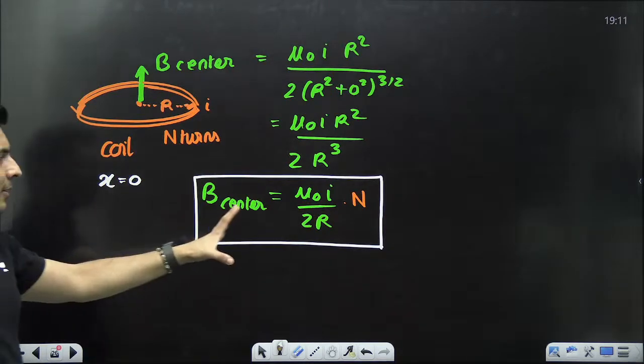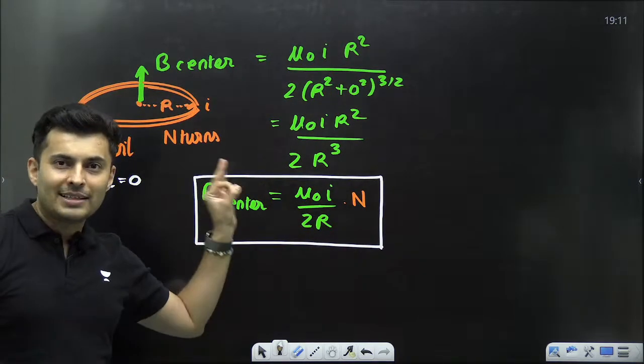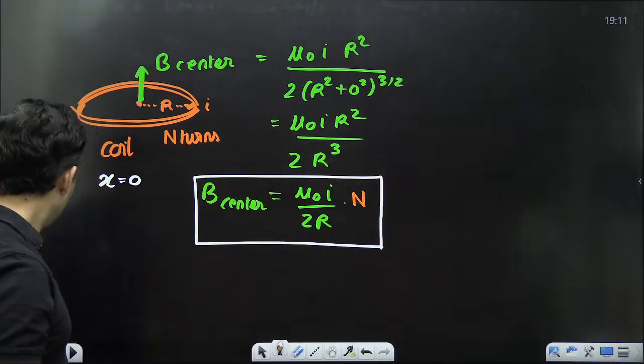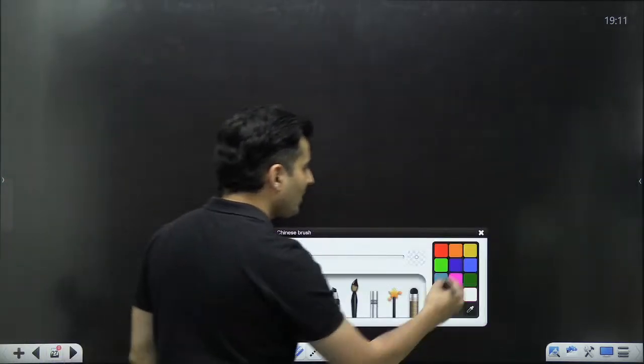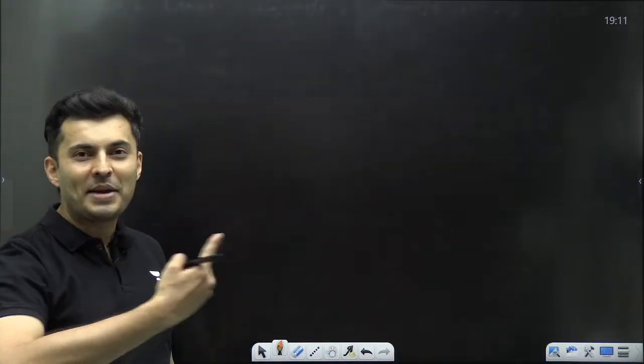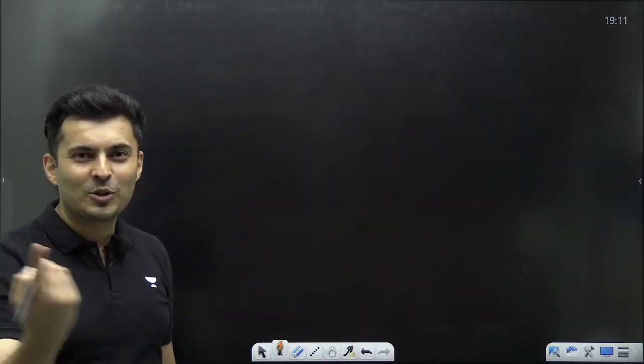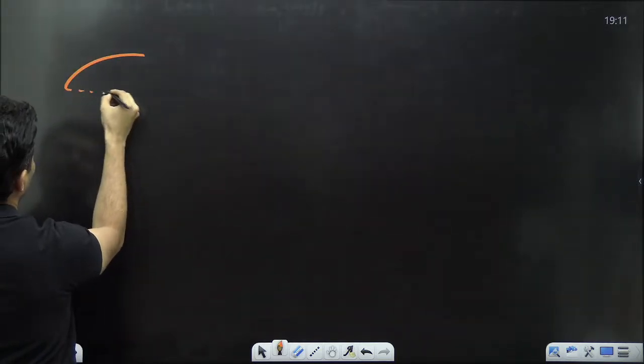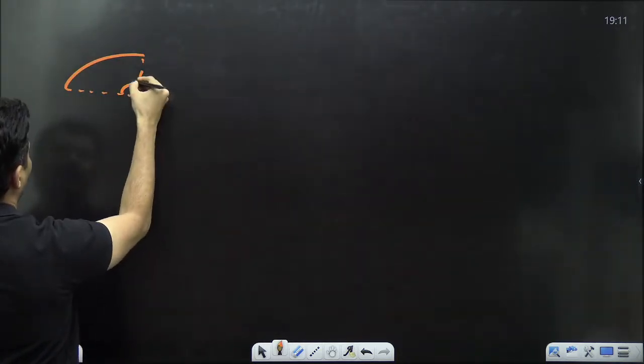There is one more formula, although it is the same thing, just modified, but it can be useful. Imagine it's not even a complete coil. Imagine it's something like this. Maybe it just subtends a certain angle theta, and it carries some current.